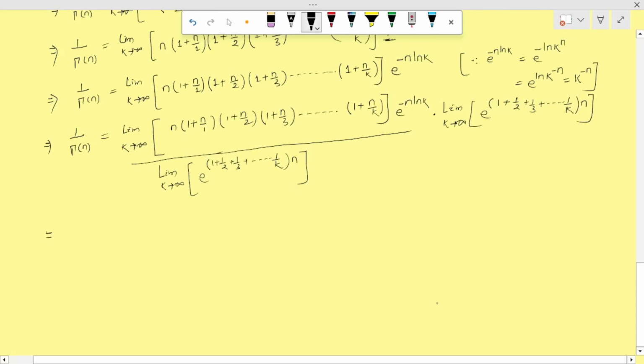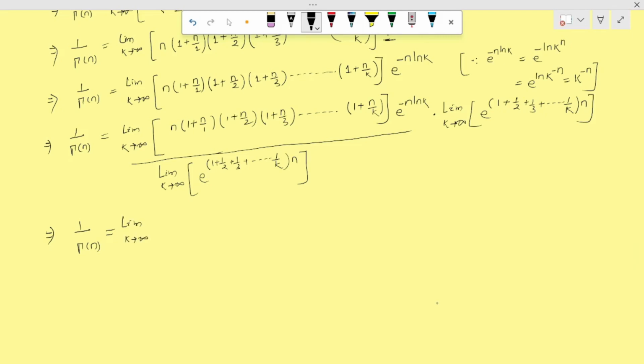Then that implies 1 by gamma n will be equal to limit k tends to infinity.